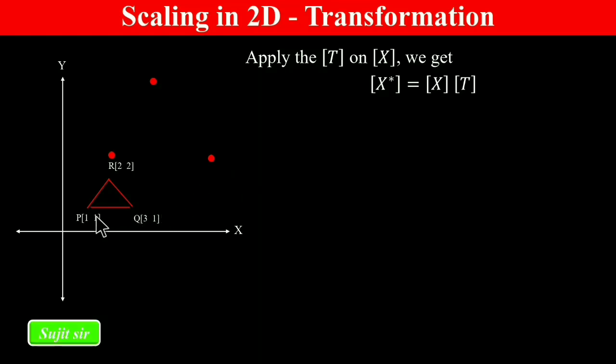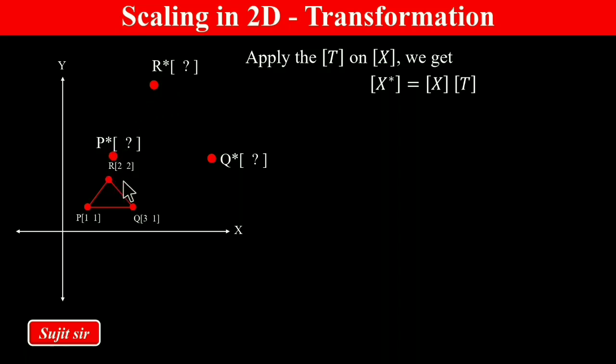So the triangle PQR is transformed like this: P will be transformed to the P star position, Q is transformed to the Q star position, and R is transformed to the R star position.